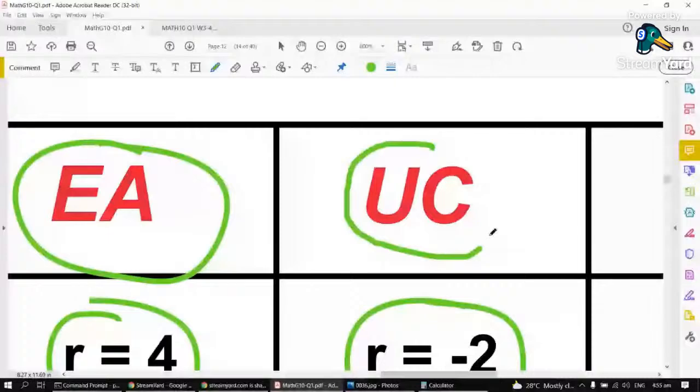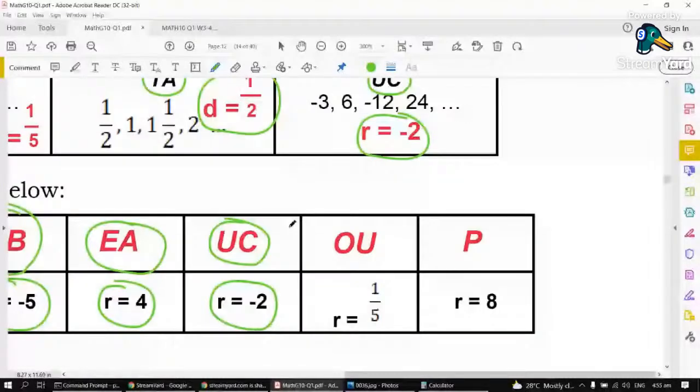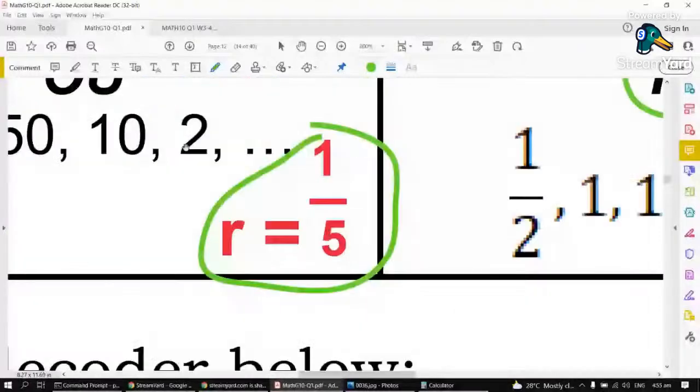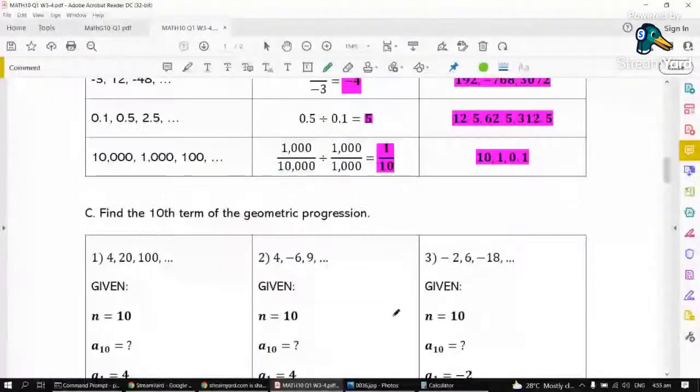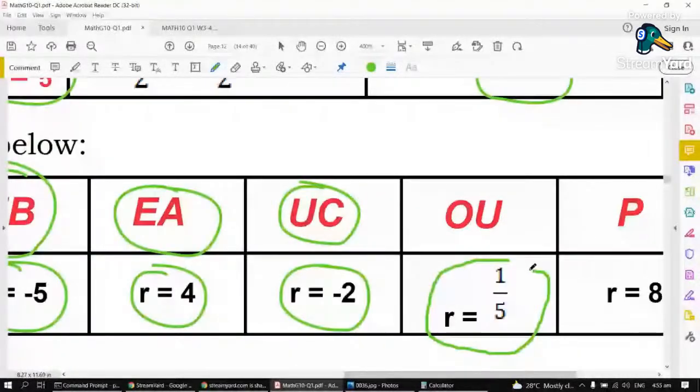Then, meron tayong R to the 1 over 5. Ito. R is equal to 1 over 5. So, meron tayong letters na OU. So, ang ratio na 1 over 5, meron siyang kapartner na letters OU.